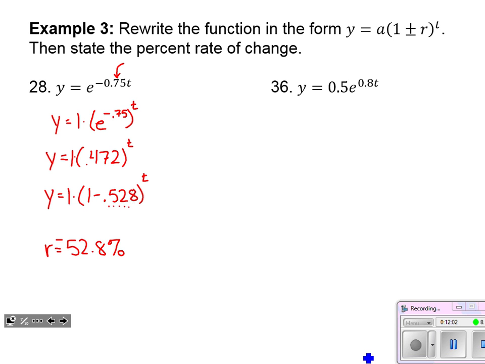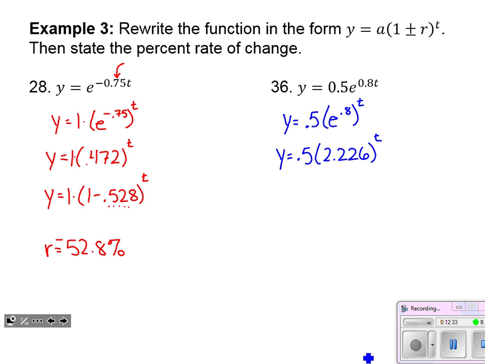All right, so for number 36, we've got y equals, now that 0.5 is out front, e to the 0.8 to the t power. Let's find out what e to the 0.8 is. It's 2.2255, so 2.226. Okay, just evaluating what's inside that quantity.